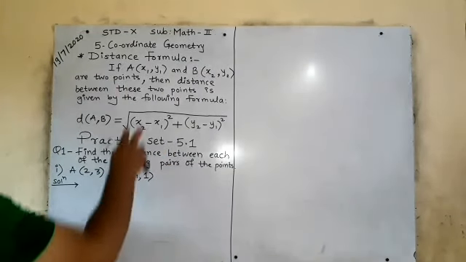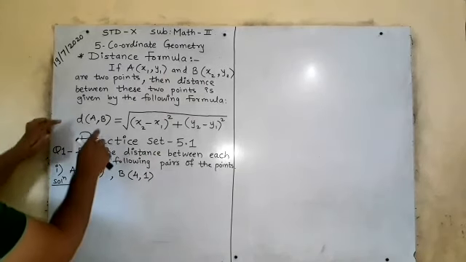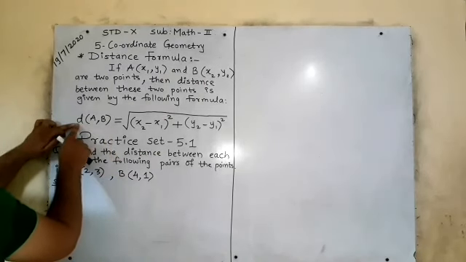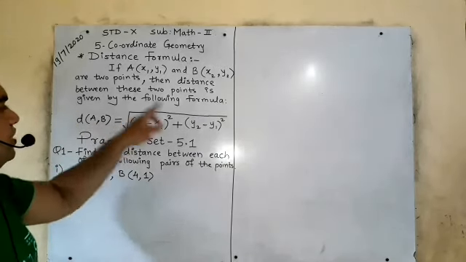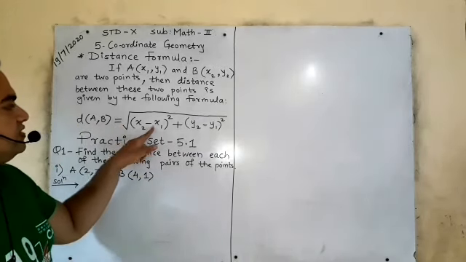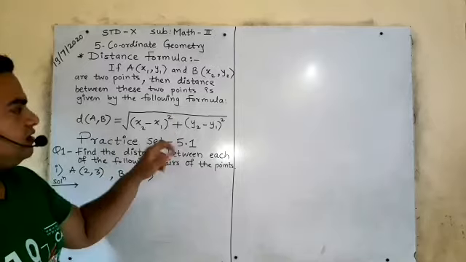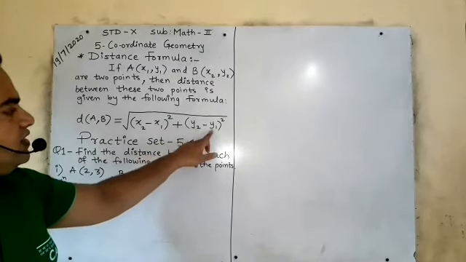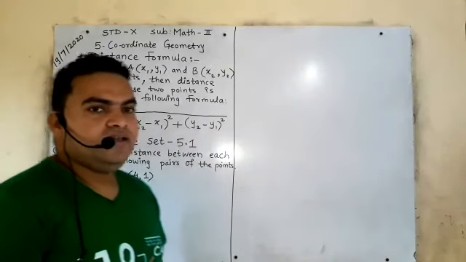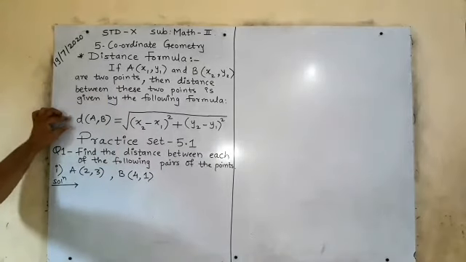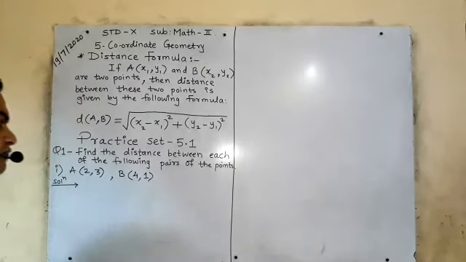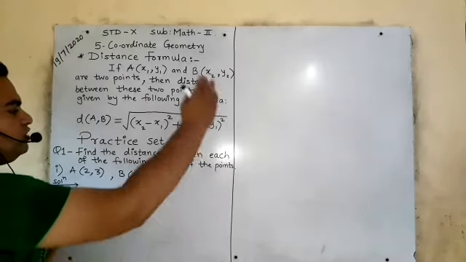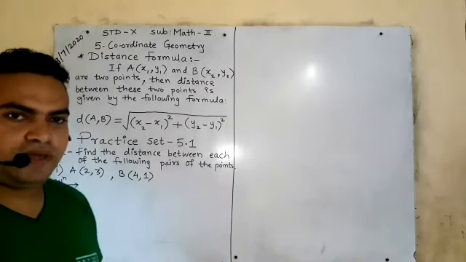So whenever two coordinates come, we will use this formula to find the distance between point A and point B: square root of bracket x2 minus x1 bracket square plus bracket y2 minus y1 bracket square. This formula is very important to solve practice set 5.1, and you have to carry this formula to find the distance between each pair.